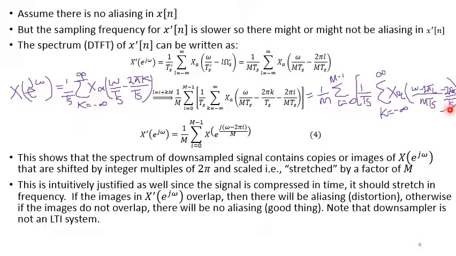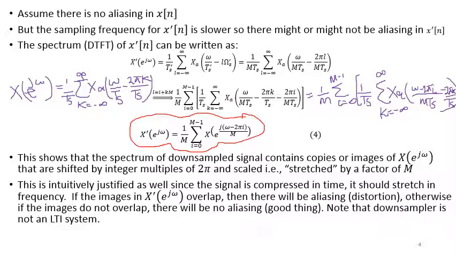So if we compare this with this equation, we can say that basically omega is replaced by omega minus 2 pi I upon M, right? So in terms of this equation we can write it like this. That's the expression for the downsampled version of the signal in the frequency domain.